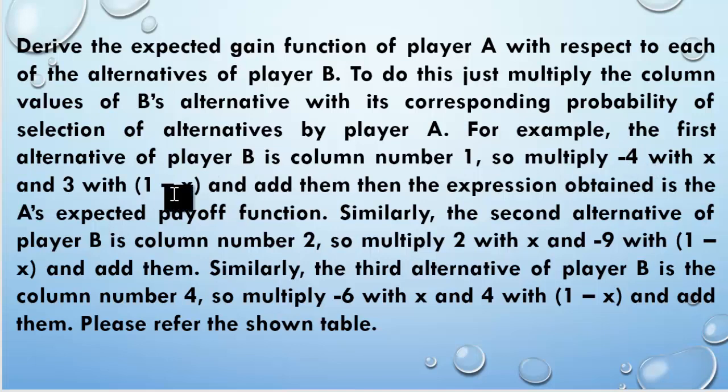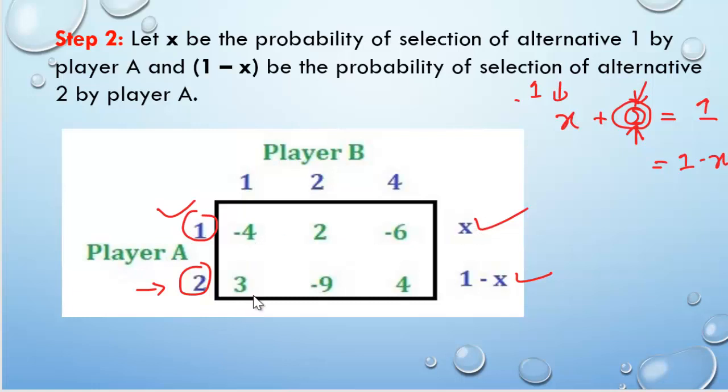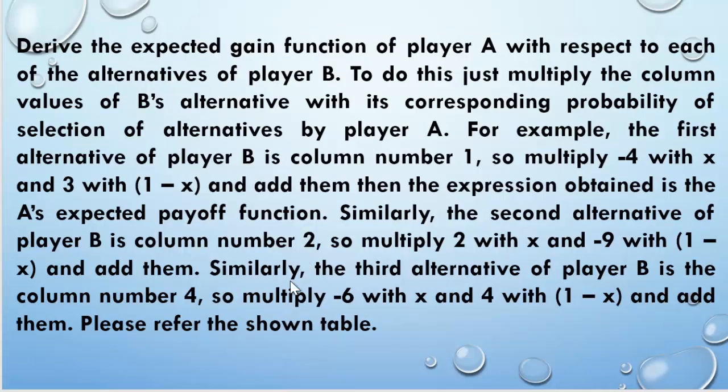Same with the next column: multiply 2 with x and -9 with 1 minus x and add them together. That will be the gain function of player A for the second column, player B's choice.